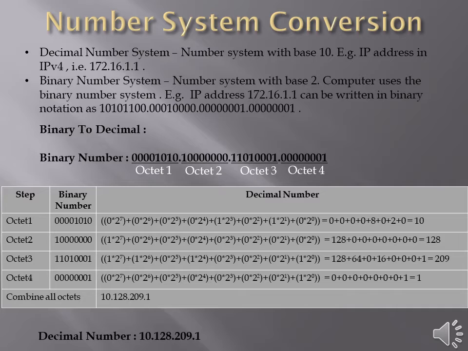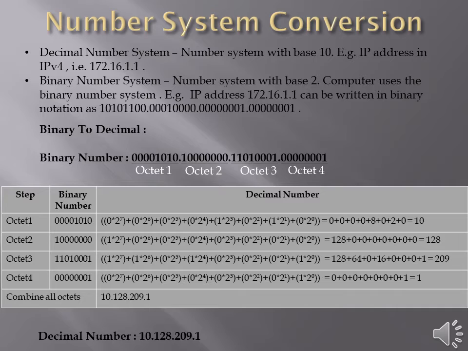But the number 0 multiplied with 2 raised to power 0 or 2 raised to power 2 will not give any result, it will give only 0. But still we will follow the general formula and write all the numbers as necessary.